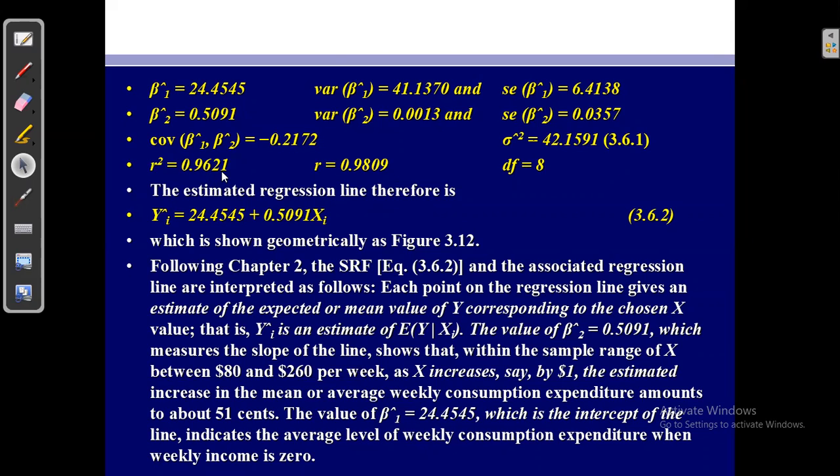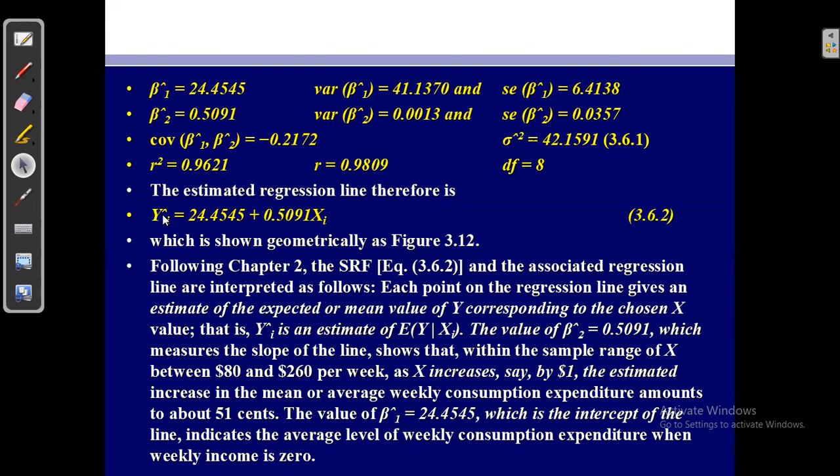So 0.9621 actually means 96.21%. Okay, so you can say that R square is 0.9621, which means that 96.21%, approximately 96%, of the total variations in Y is explained by X.